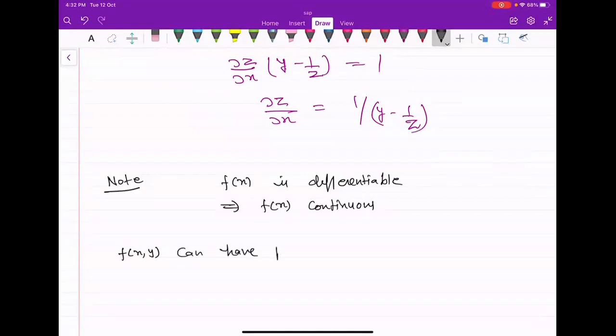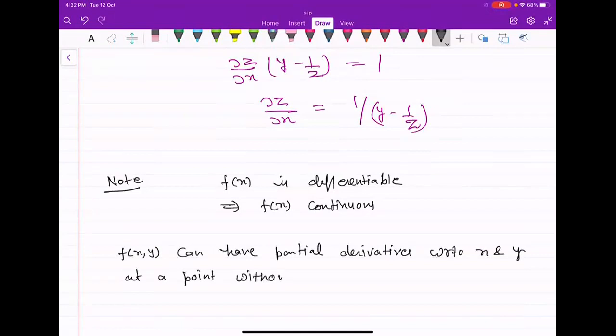can have partial derivatives with respect to x and y at any point without the function being continuous there.